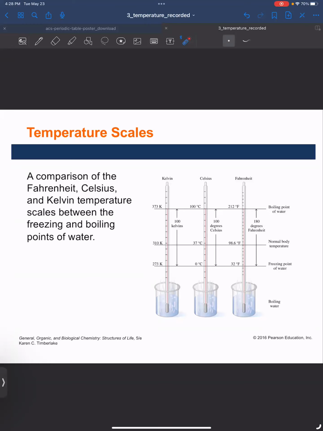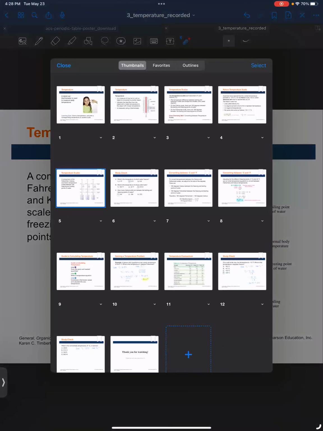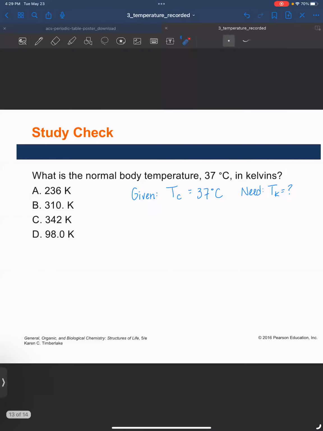And so therefore, we need to convert between Celsius and Kelvin. Temperature in Kelvin is equal to temperature in Celsius plus 273. So that's a good formula to know. And then also, if you needed to find Celsius, then that would be temperature in Kelvin minus 273.